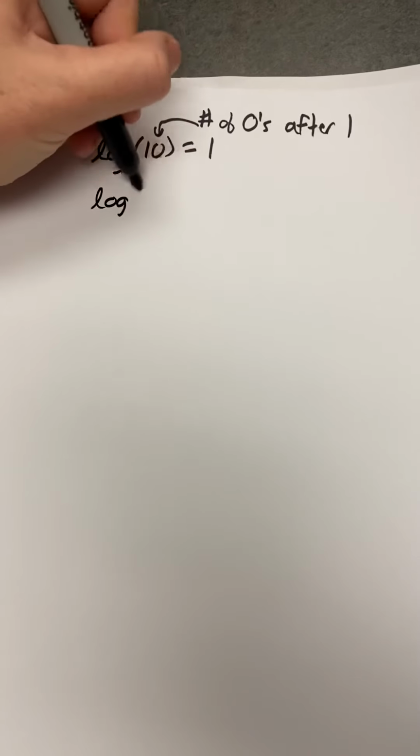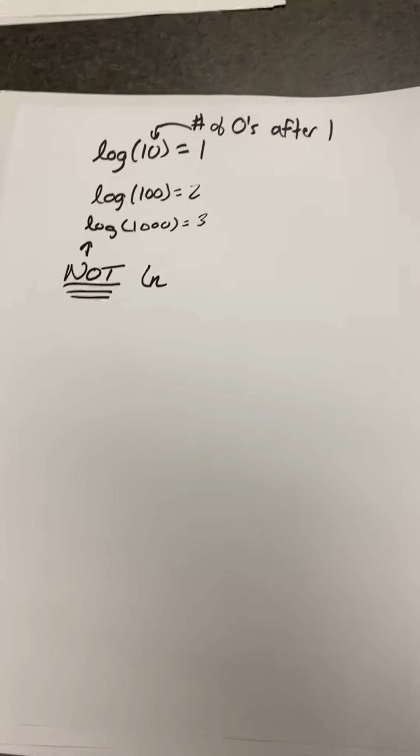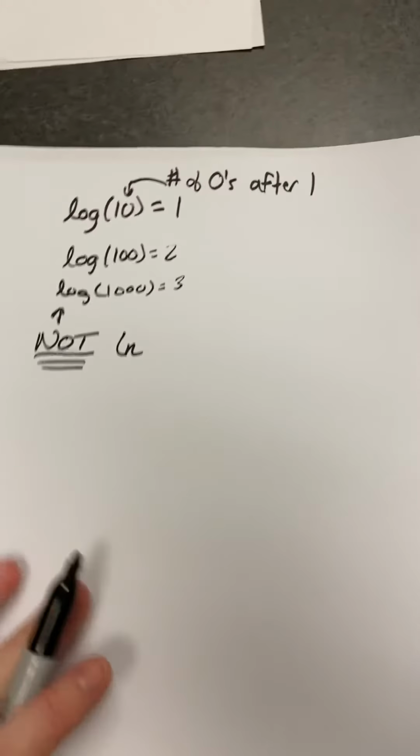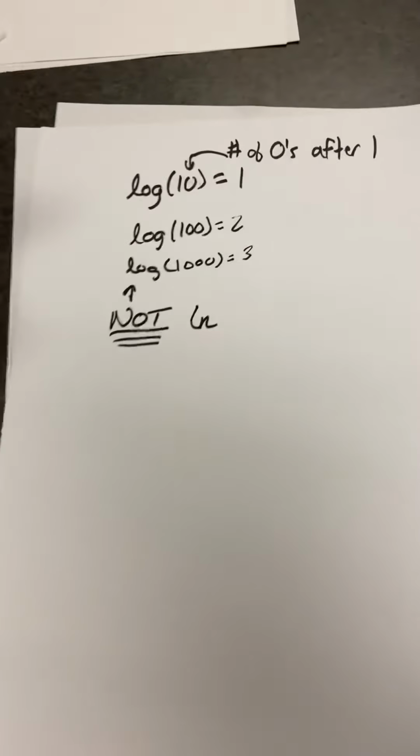It makes it really, really easy. So the log of 100 equals 2. The log of 1,000 equals 3. And be careful here, this is log. This is not natural log, where you'd have to take an inverse of e to the negative. So be careful you're making sure you're using log in your calculator when you're calculating these.